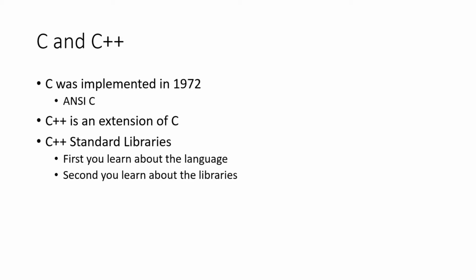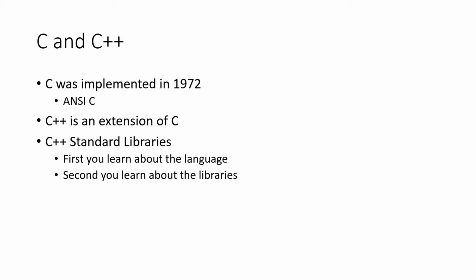I mean, primarily I'll be talking about C++. So C language, for those of you that might have taken a course and are interested in C, it was implemented in 1972, quite a while back. Like I said, there's a different class that I teach online, which focuses just on C, but this class is for C++.